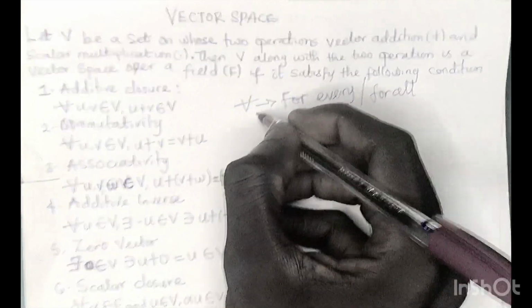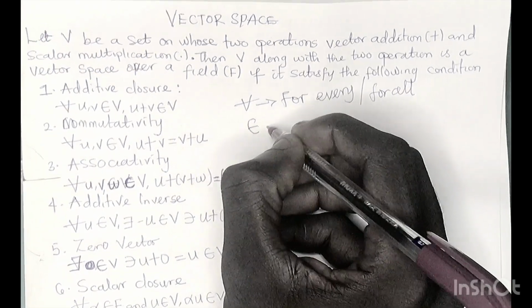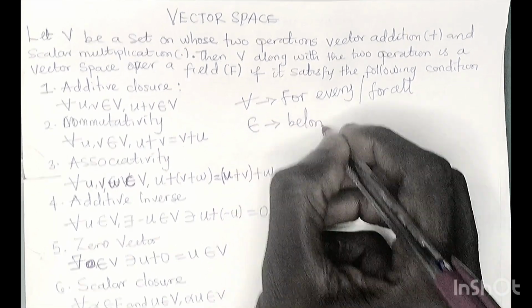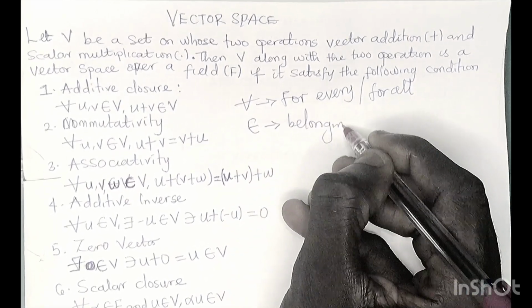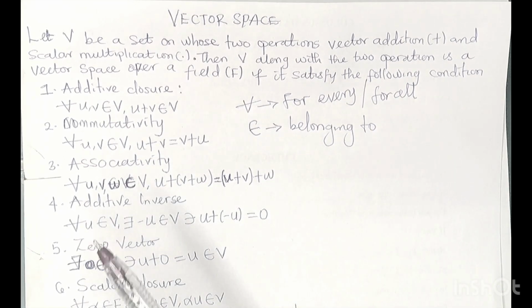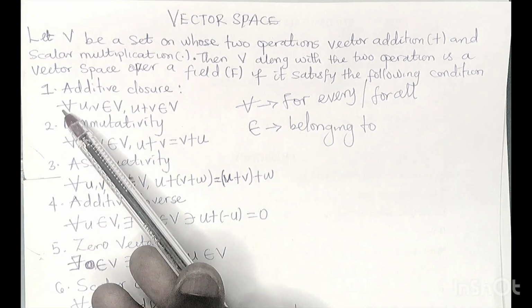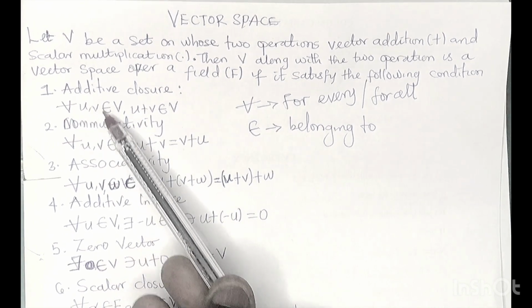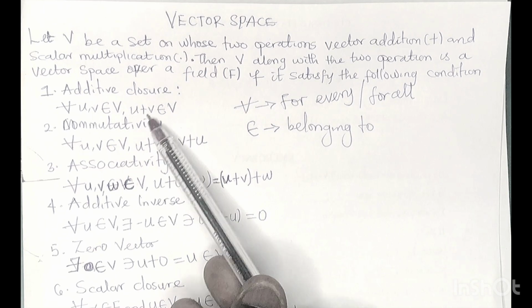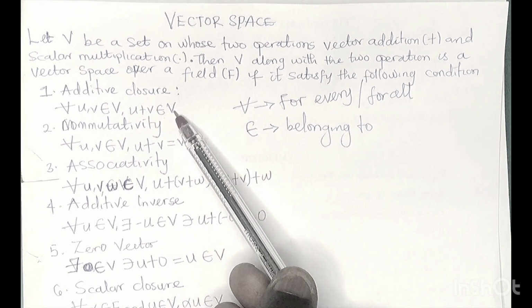Then if you see this sign, so let's just make some notation. It means belonging to. Are you seeing that now? So if I say this now, I can say for every u and v belonging to vector V, my u plus my v should also belong to vector V.